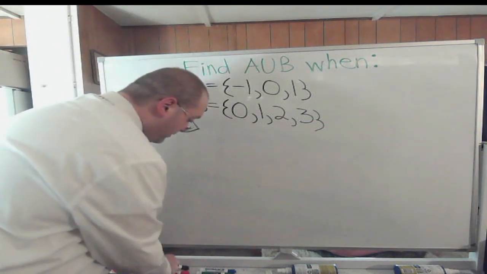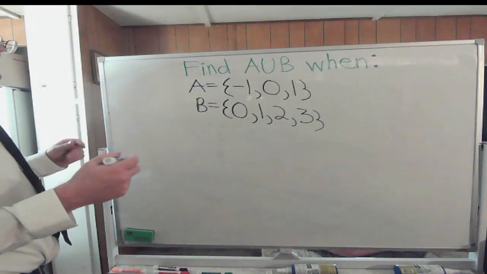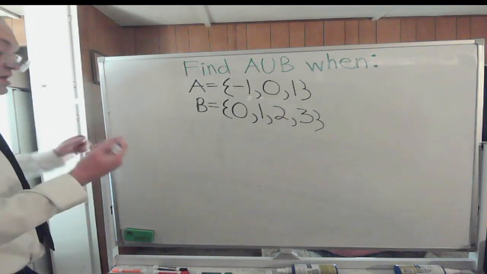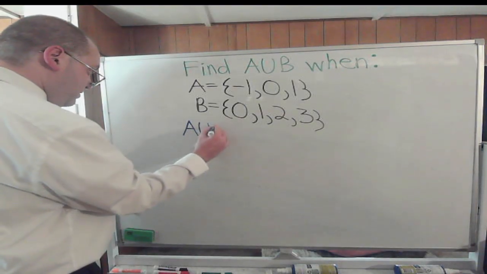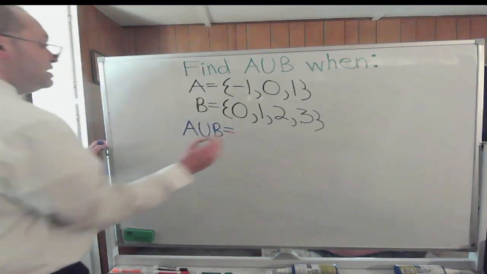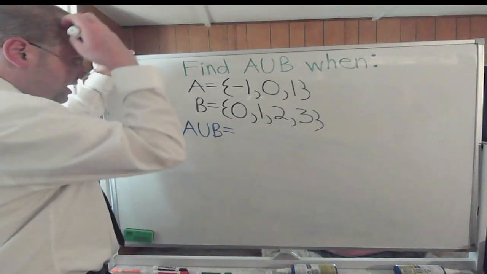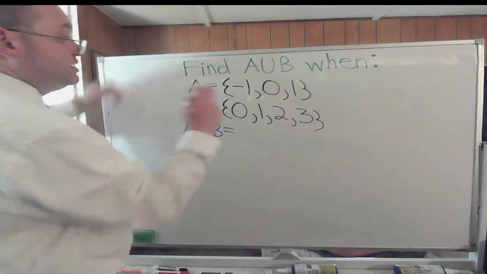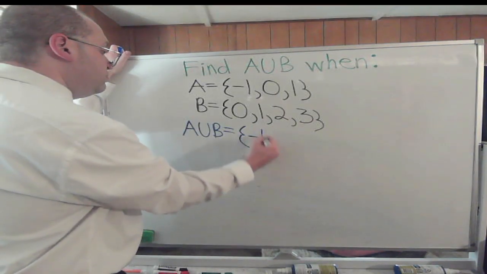So those are the two sets with their respective members. We still want to find A in union with B. Well, look at both sets, look for the smallest number you can find, because you want to start with the smallest one. That's definitely -1. So you're going to get -1.